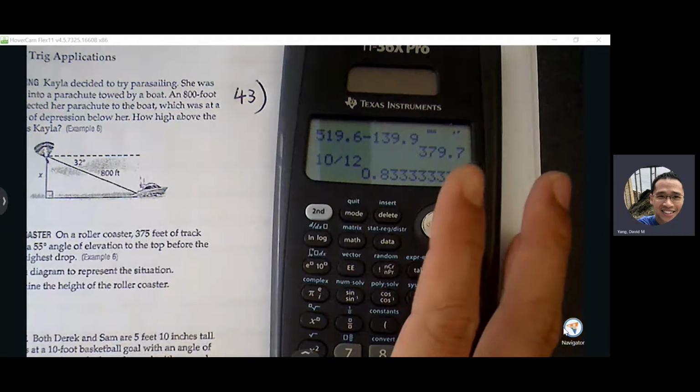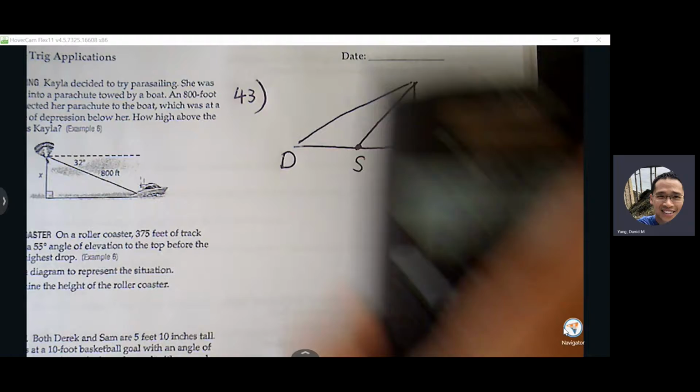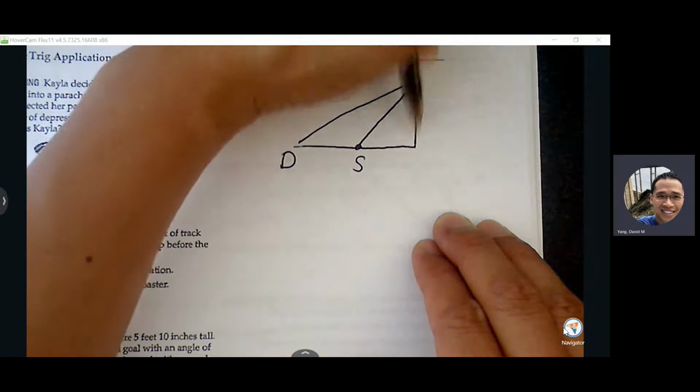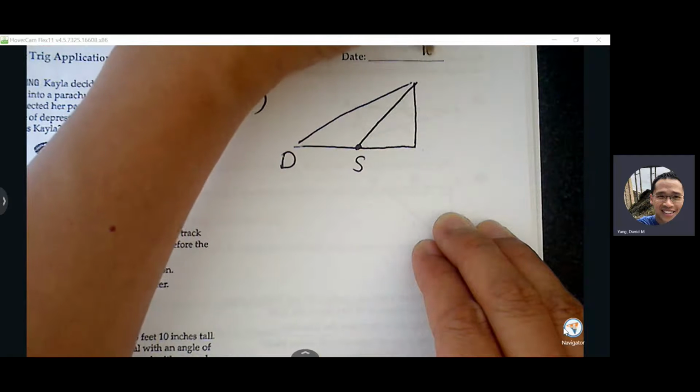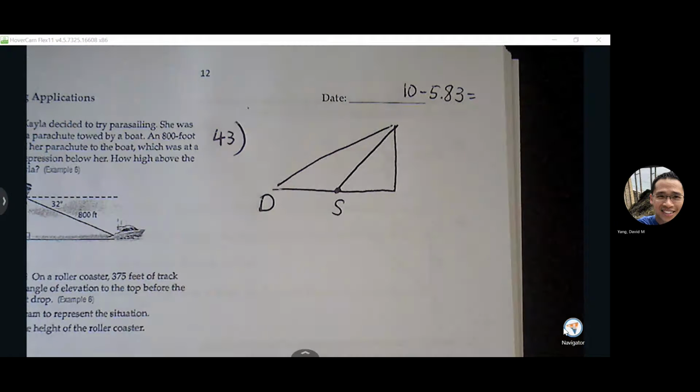So basically, we can think of the height of the players as 5.83 feet. So the height of this triangle here is going to be 10 minus 5.83, which is 4.167.